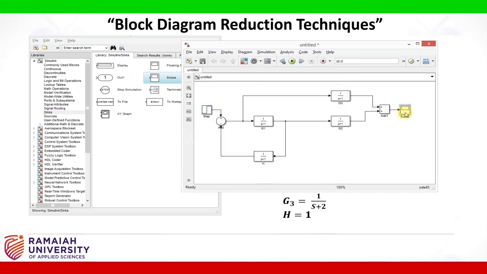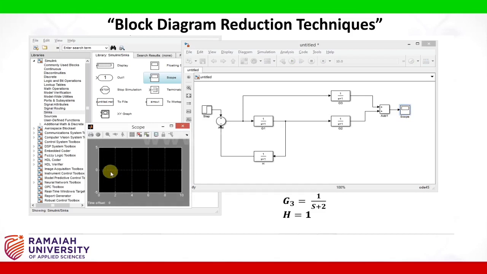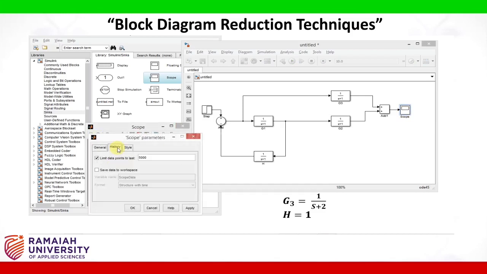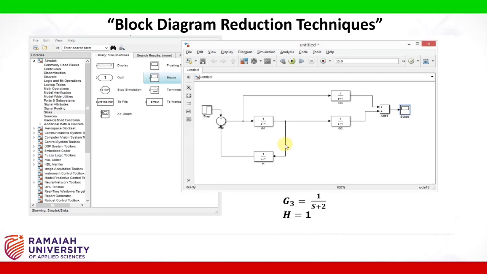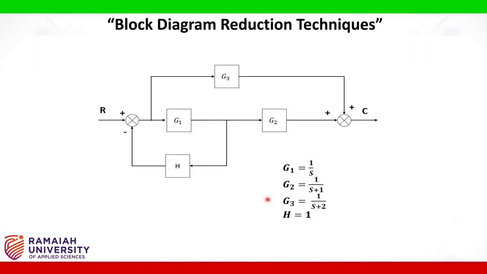Double click on scope, go to settings, go to history, deselect limit data points, apply, OK. Close the scope. Now we have the values for G1. Double click on G1.